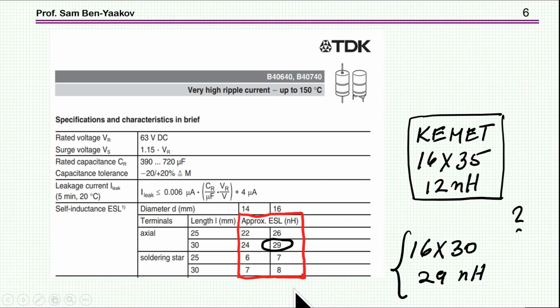And if we compare the two, the two of them are hybrid electrolytic and about the same size. In fact, the Chemet is a bit larger or longer than the TDK, and the capacitances are about the same, about 370 microfarad. We see that the TDK specifies it at 29, while the Chemet specifies it at 12 nanohenry, quite a bit of a difference. And we're going to probe into this question, why is there this difference?